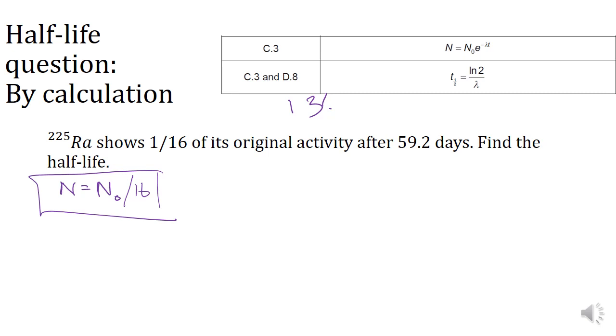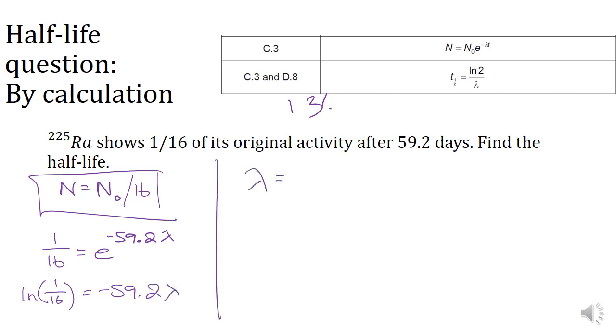Then we've got 1/16 is equal to e to the negative 59.2, because that's my number of days, times lambda, which is my decay constant. So ln of 1/16 is going to equal negative 59.2 lambda.